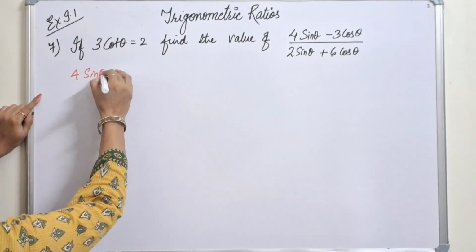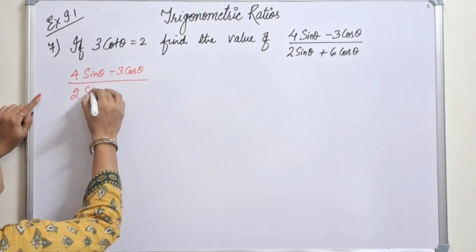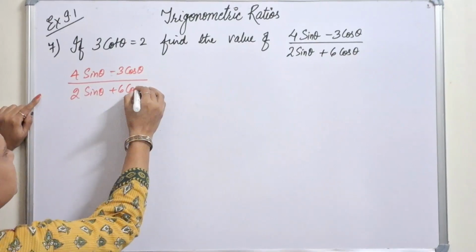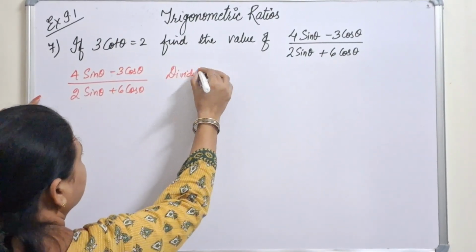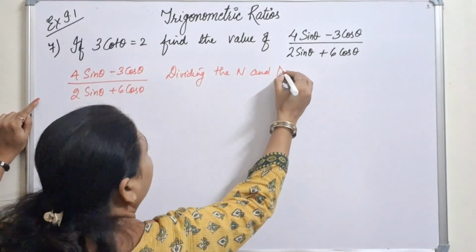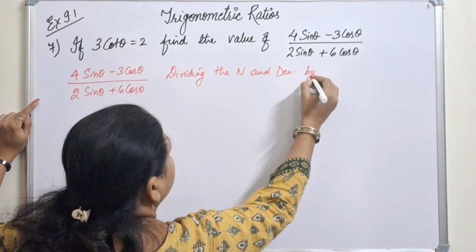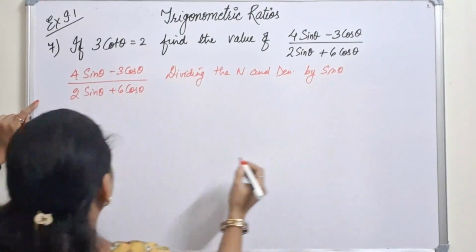4 sin theta minus 3 cos theta upon 2 sin theta plus 6 cos theta, dividing the numerator and denominator by sin theta.